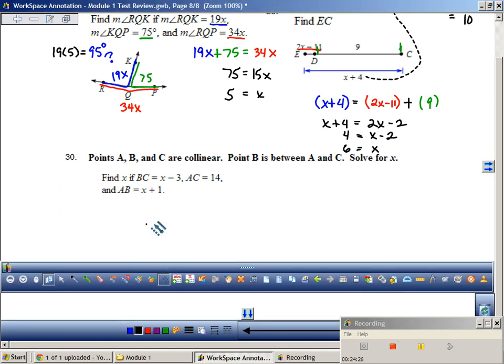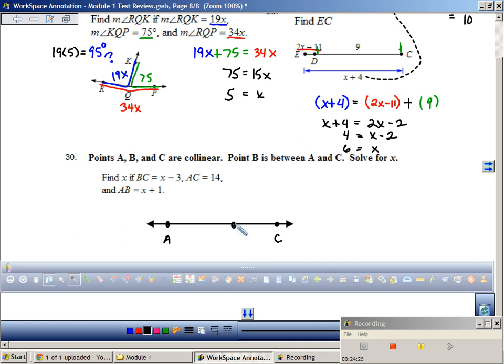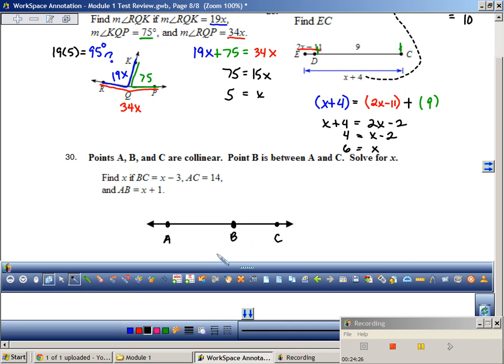So I've got a line, and I've got A, and I've got C, and B is somewhere in between. Doesn't have to be the middle. If it was the middle, what would they tell me? It was the midpoint, exactly. So I don't know where it is. It could be anywhere, right?